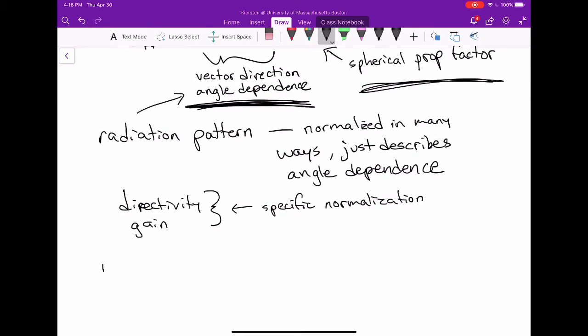A key word to know here is isotropic. And that means that it radiates equally in all directions.